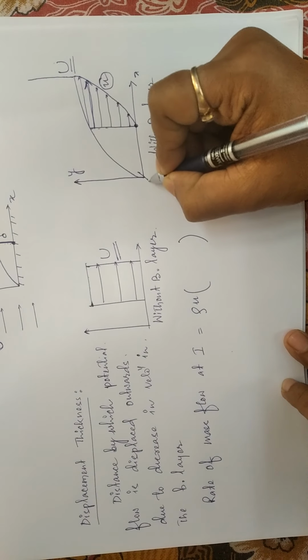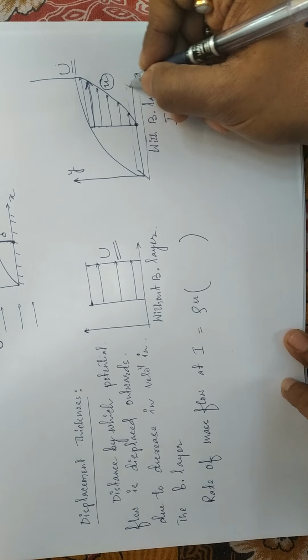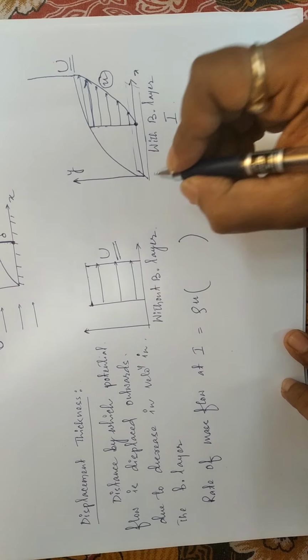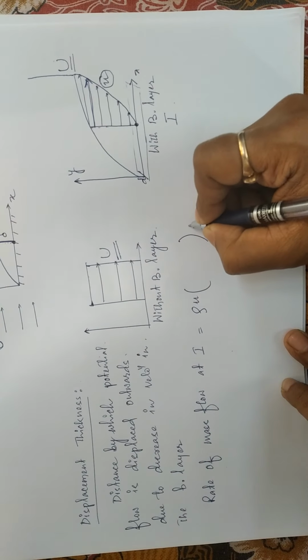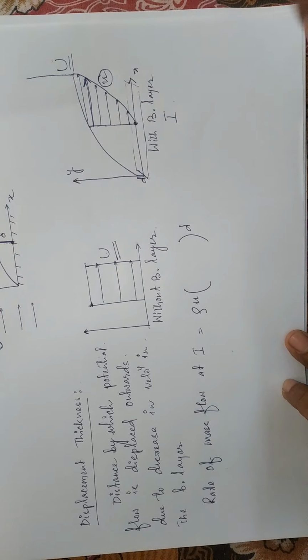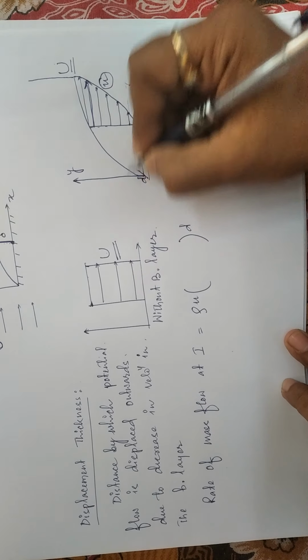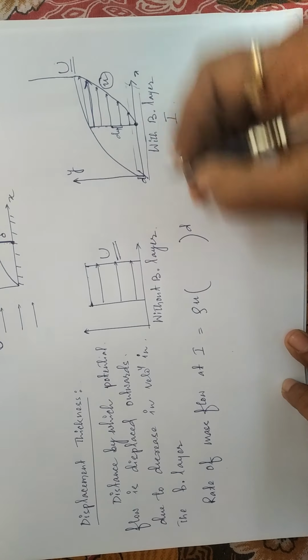Suppose we assume that it is a flat plate, okay, and that flat plate has some breadth or width. Suppose we denote the width as d. So d is the width of that particular plate on which the fluid is flowing, and this is the y direction. Suppose the increment is dy.